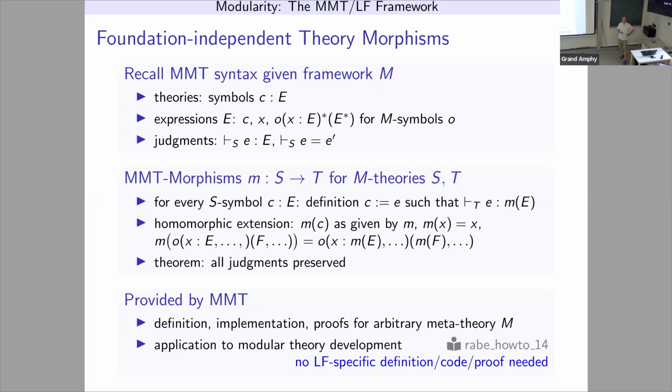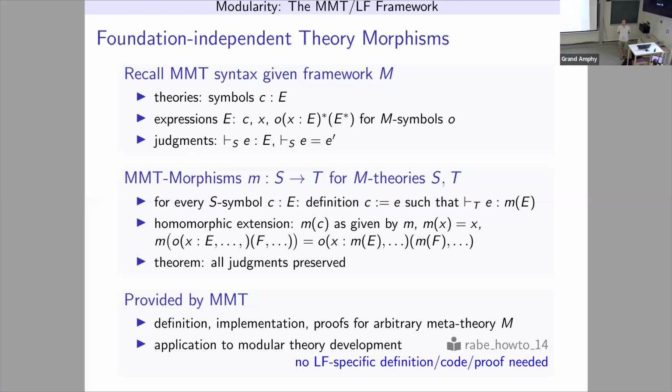And that's why many people don't even bother defining them, which is a shame because theory morphisms are also a great sanity check for your system. If you cannot easily define a natural definition of theory morphism, then you've probably done something wrong in your system design, for instance.